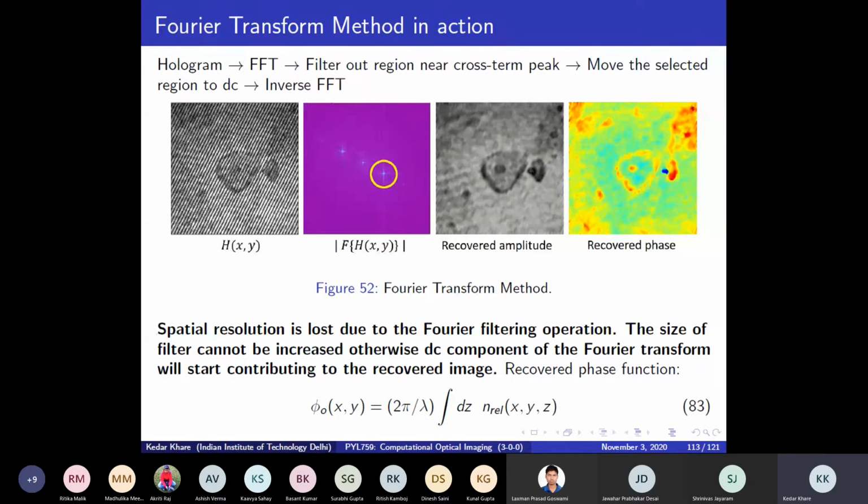This is exactly what we are doing here, that instead of mixing with a local oscillator, I'm just going to move this region to DC. So I'm negating the effect of carrier frequency, and then the rest of the pixels I will turn to 0, and then I will take an inverse transform, and I will get a complex valued field. So the recovered amplitude is here and the recovered phase is here. Is that clear?